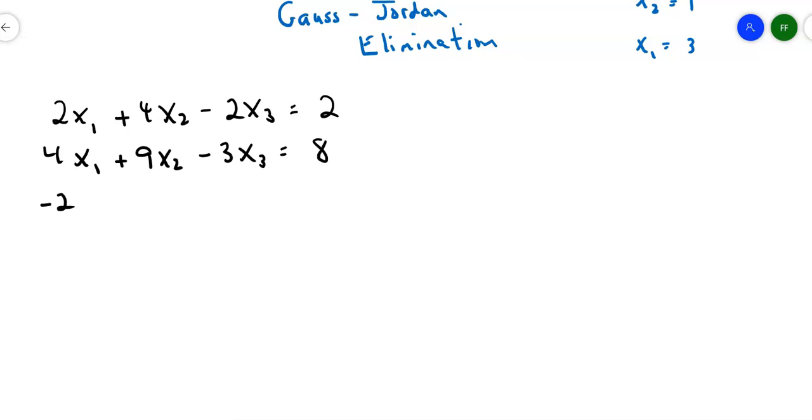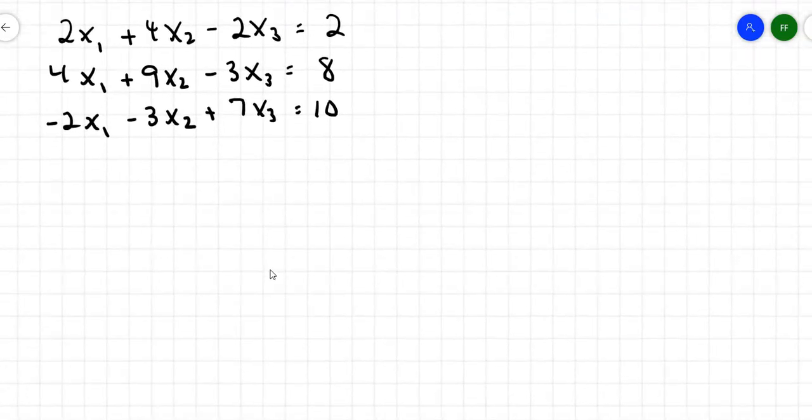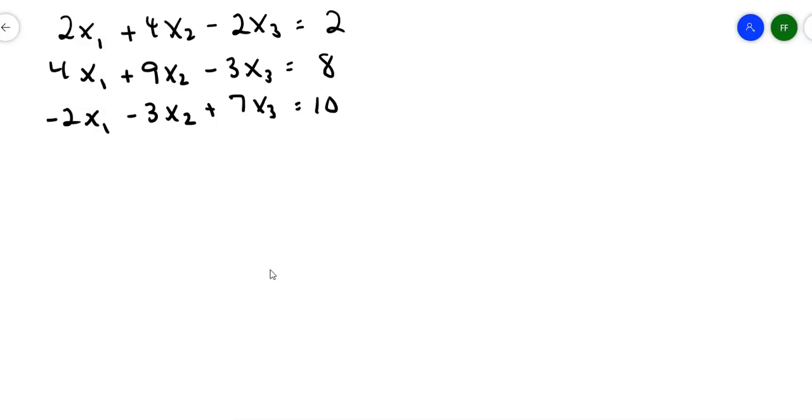And then I've got negative 2x sub 1 minus 3x sub 2 plus 7x sub 3 is equal to 10. All right, so there is my system. I've got 3 equations and 3 unknowns.